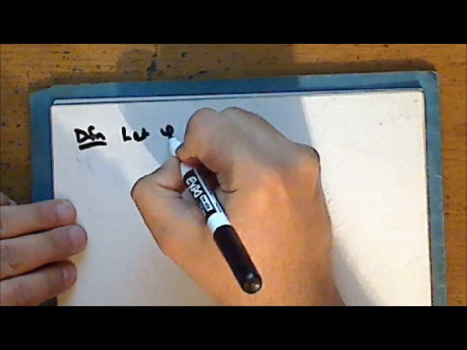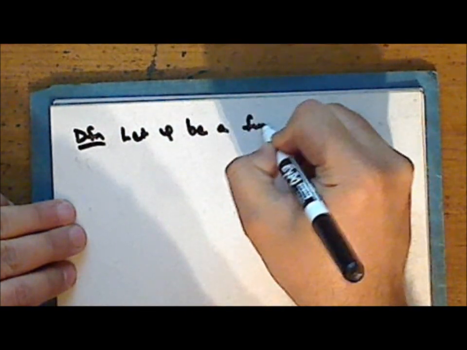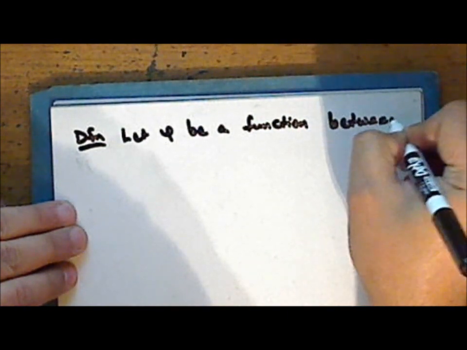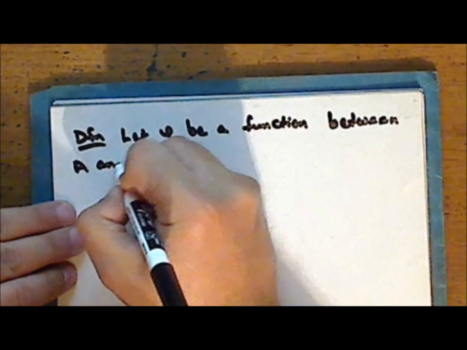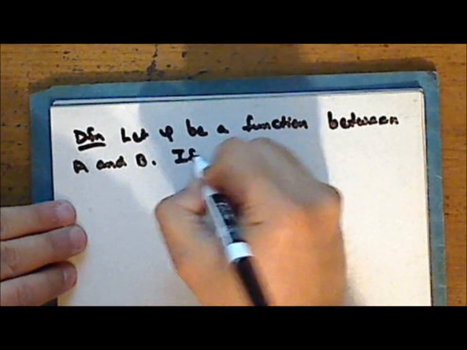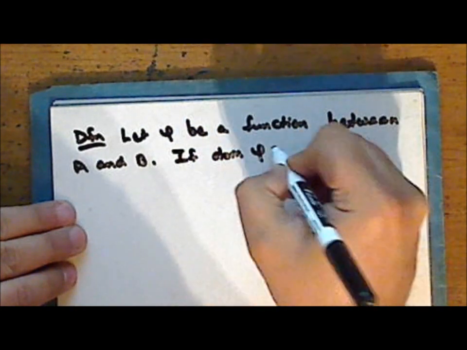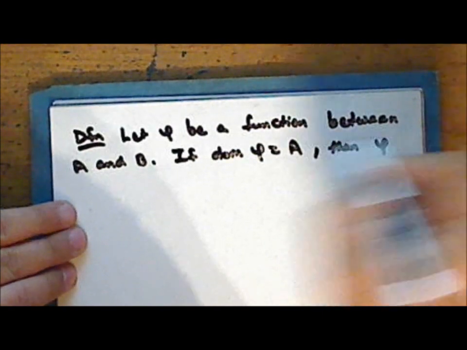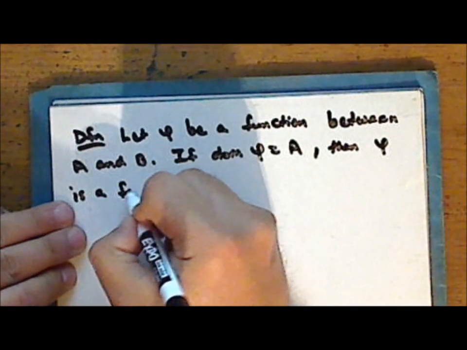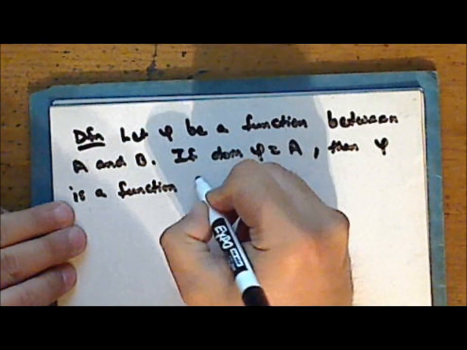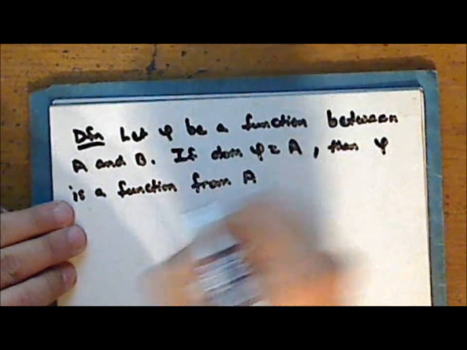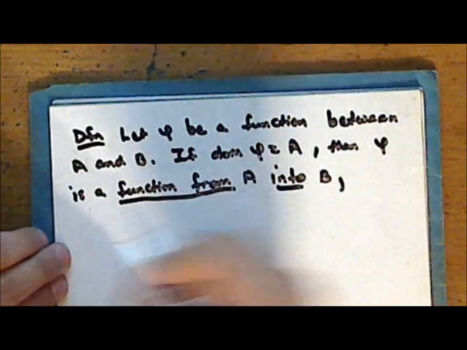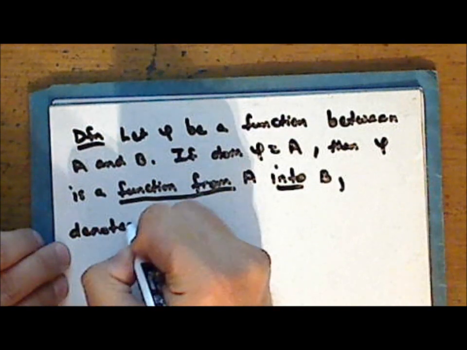So let phi be a function between the sets A and B. If the domain of the function is the entire set A, then this function phi is a function from the set A into the set B. And this is denoted this way.